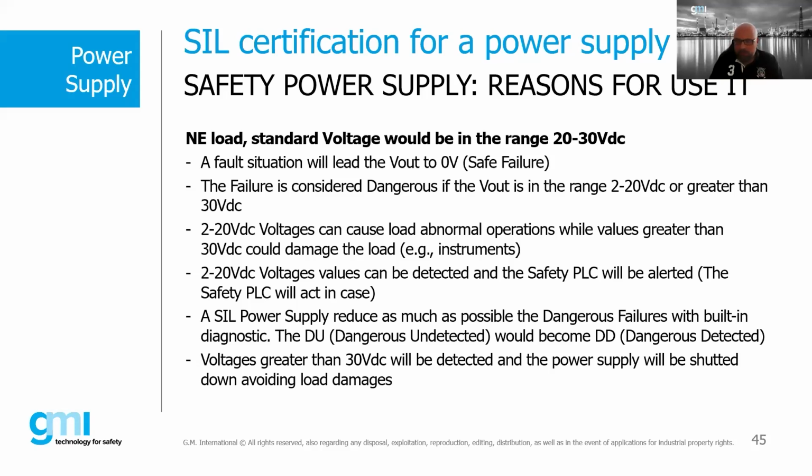In some cases, it's possible to overcome this issue by adjusting the voltage to compensate for the voltage drop, but it's also true that this operation increases the device consumption. A standard power supply has a higher number of spurious faults than a safety power supply. The price, of course, is another difference.